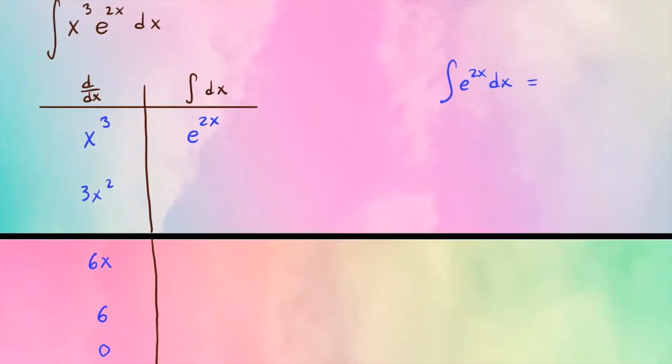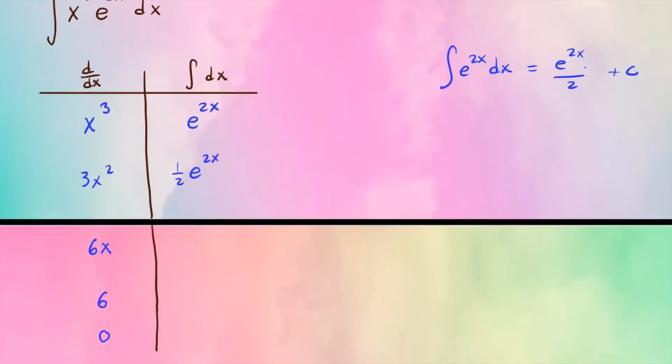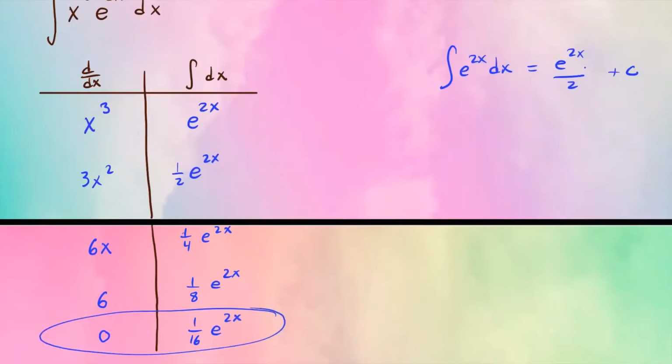This is really e to the 2x divided by 2, or times 1/2, plus c. So keep doing that. This will be e to the 2x times 1/2. If I integrate that again, I get 1/4 e to the 2x, and then 1/8 e to the 2x, and then 1/16 e to the 2x. That's where the integration column, again, when you get to the 0th level, you stop.